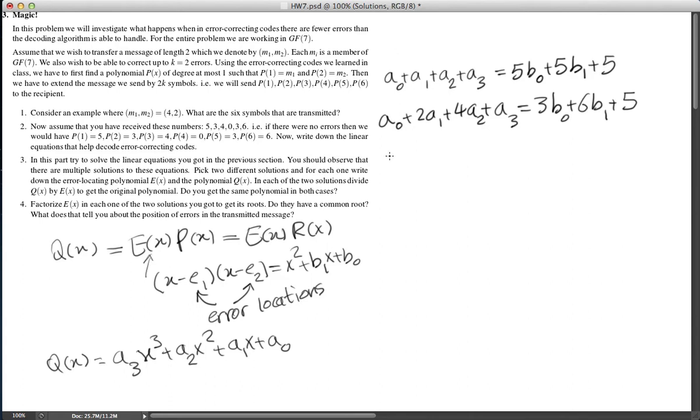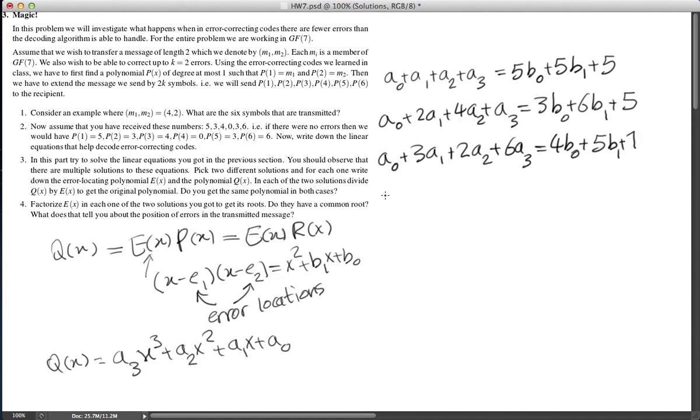Just gonna write down the equations for the other points. We get a0 plus 3a1 plus 2a2 plus 6a3 equals 4b0 plus 5b1 plus 1.